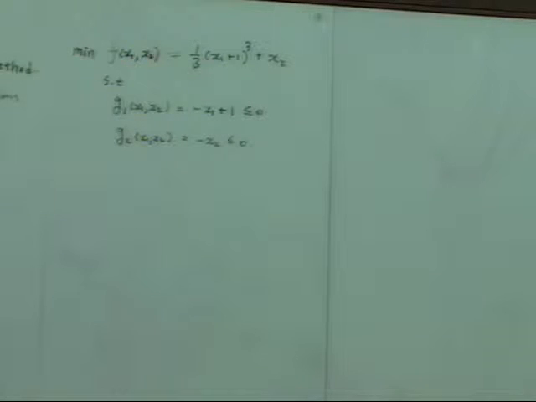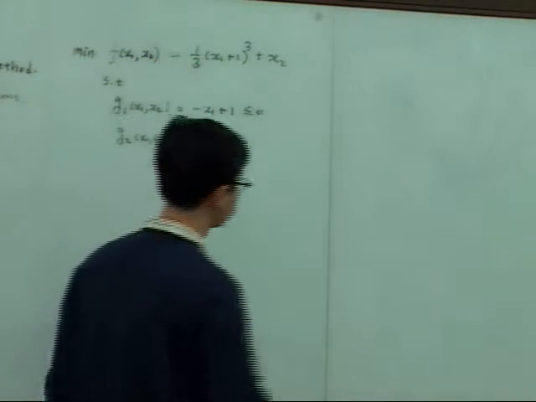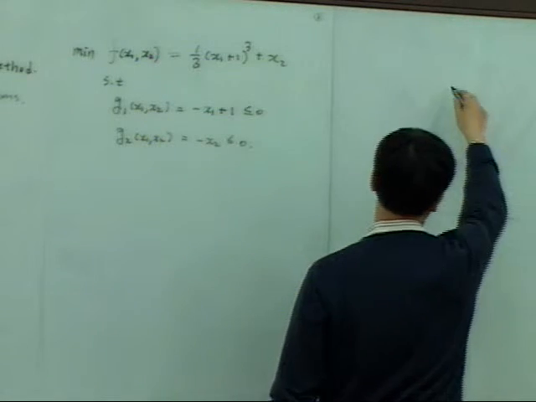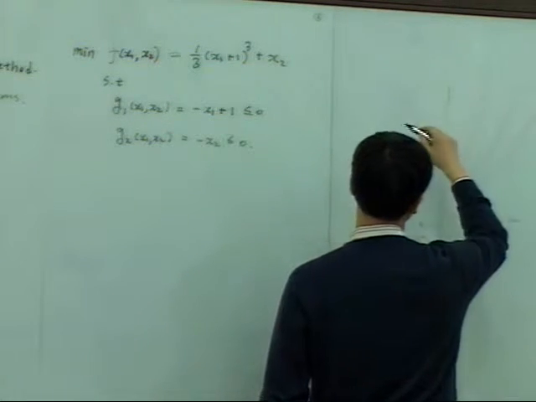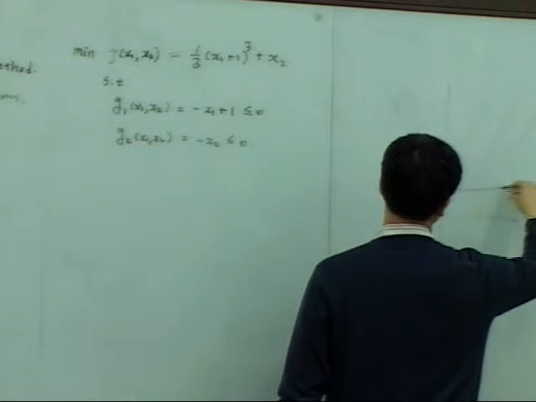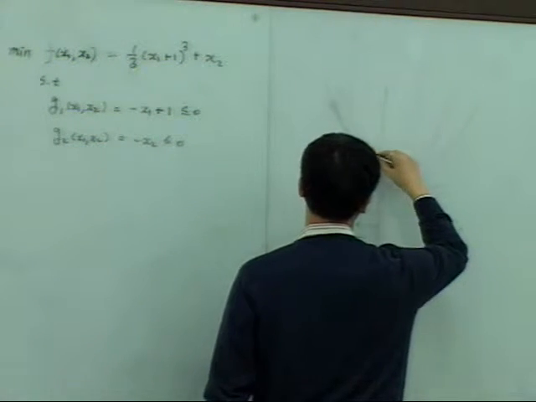Okay, let's apply this barrier method first, the interior penalty method. The idea of this penalty method is modifying the objective function. If this is the feasible region, we are changing the function like this.